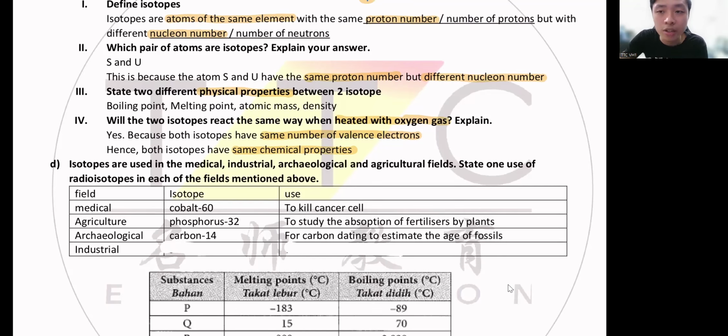Not only the age of fossils, but also the age of bone, how long the bone has existed. Industrial is sodium-24. This one, remember, is used when you have an underground pipe leaking, then you can check the exact location.